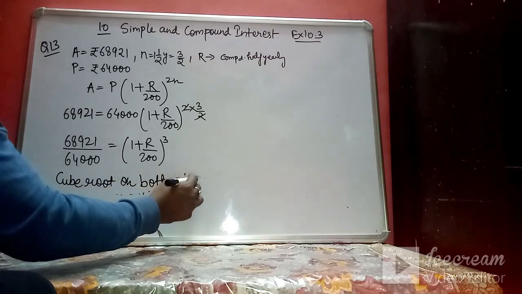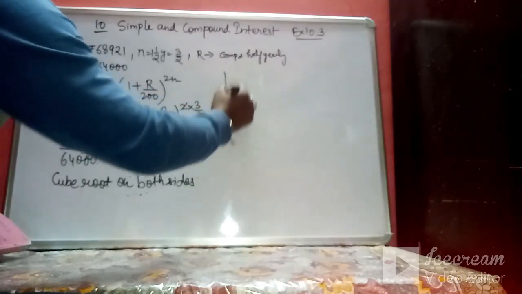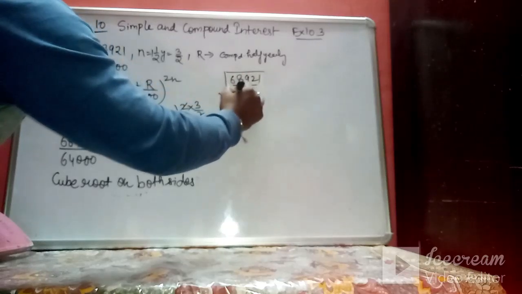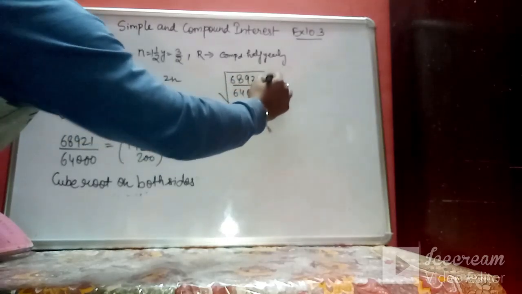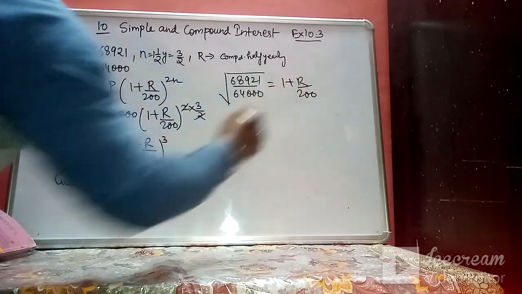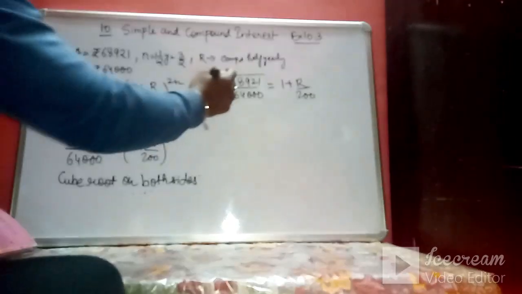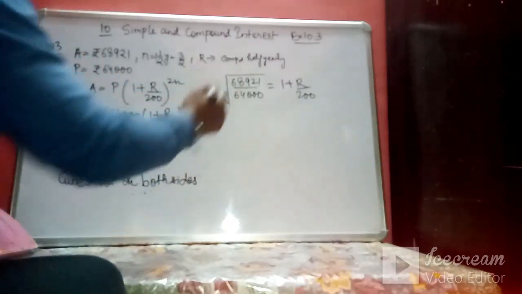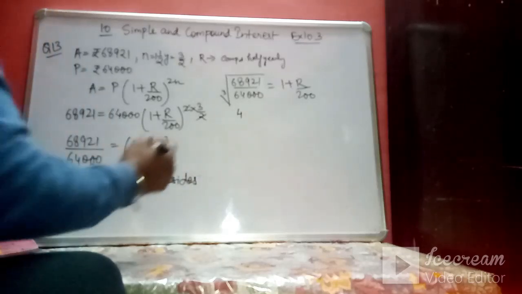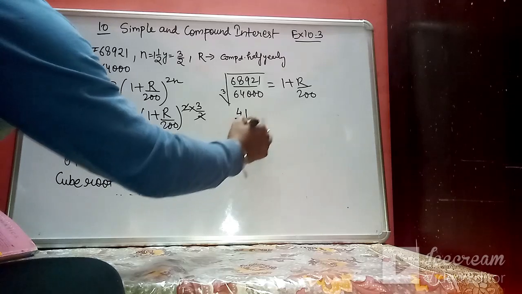So when we take cube root on both sides, the expression will look like this: cube root of 68921 upon 64,000 equal to 1 plus R upon 200. Now if you calculate the cube root of this, it comes out to be 41 upon 40.